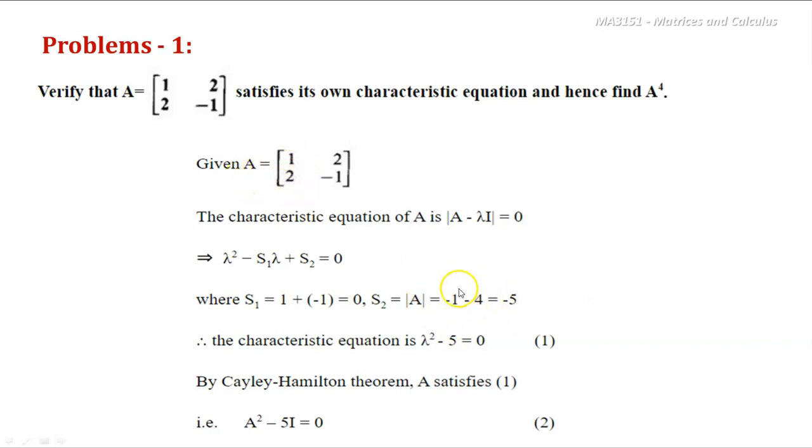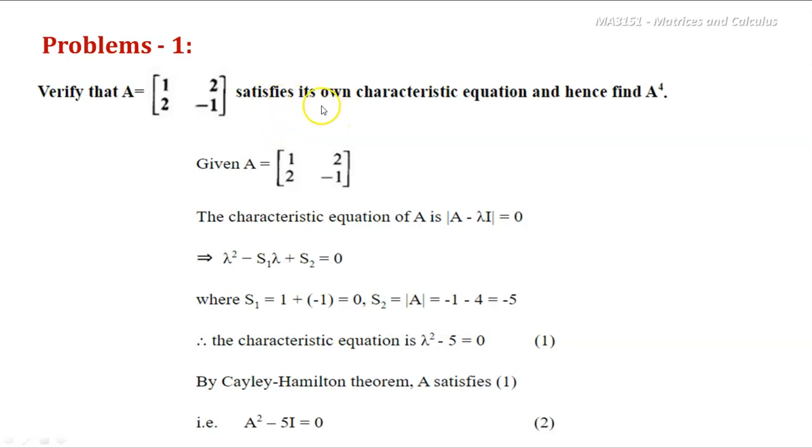That is, the determinant of A equals 1 into minus 1 is minus 1, minus 2 into 2 is 4. So after simplifying, we get minus 5. By using these two values in the characteristic equation, we get lambda square minus 5 equal to 0.